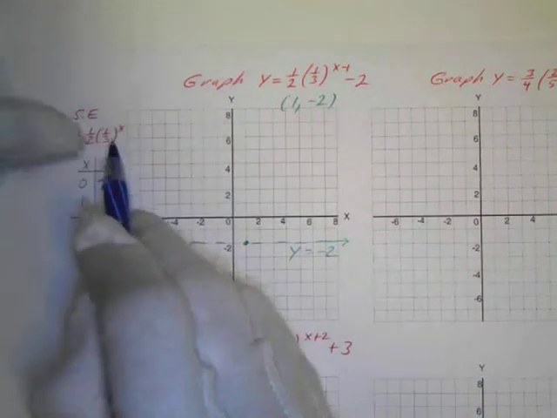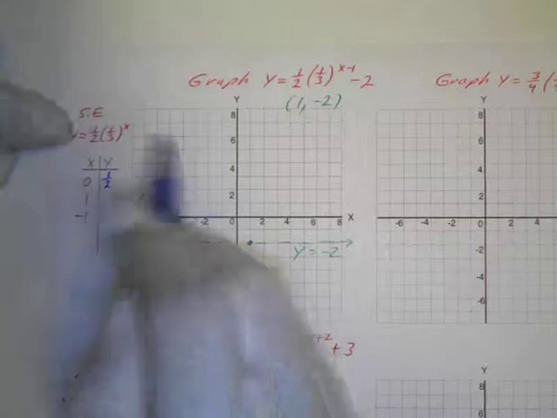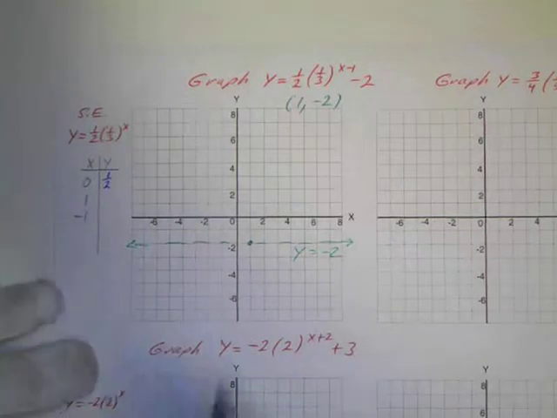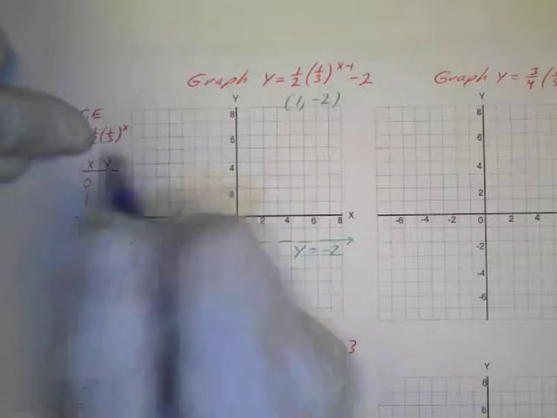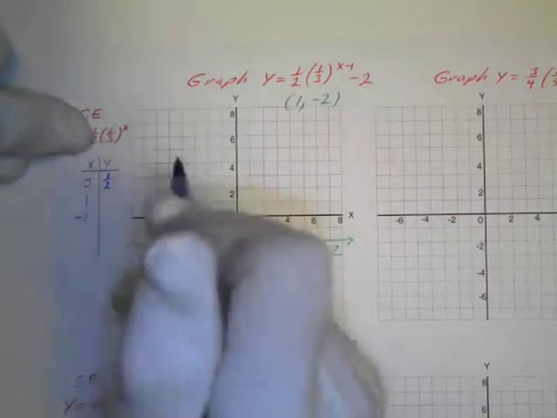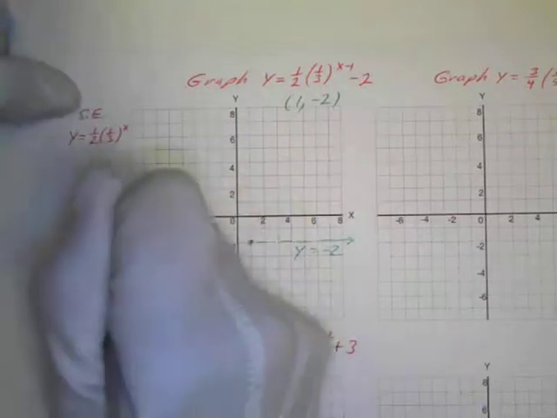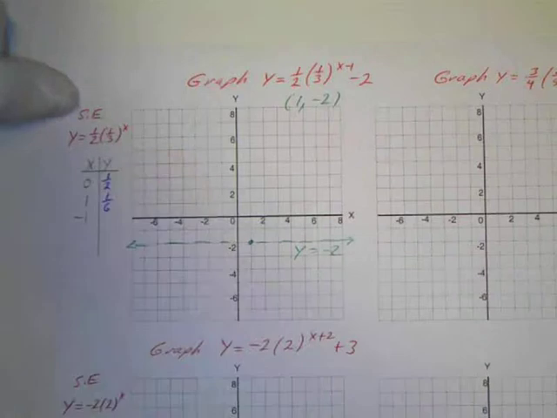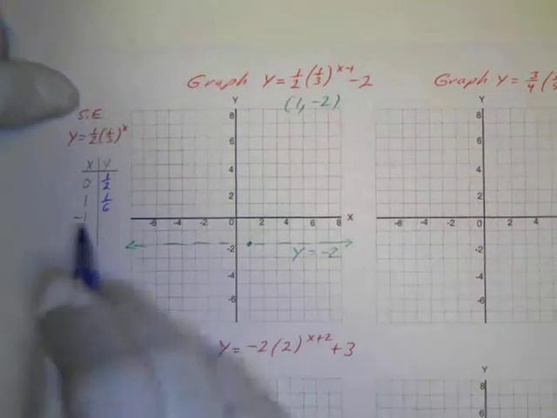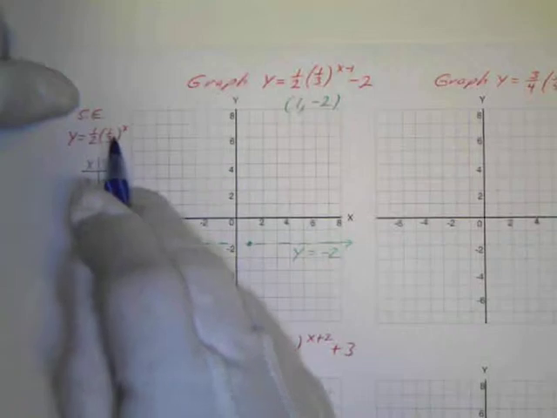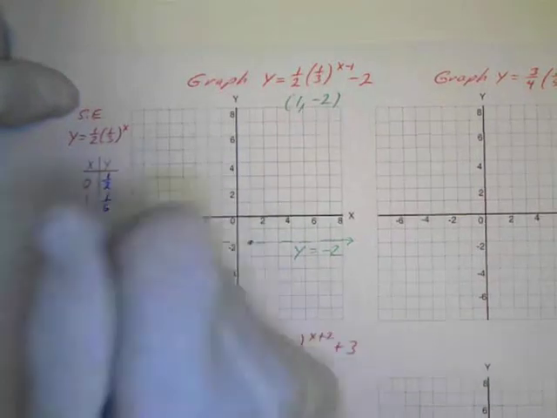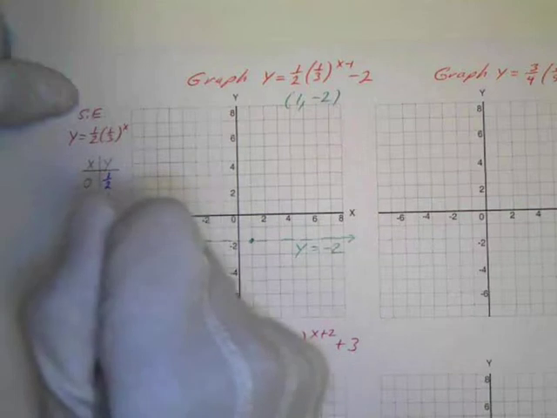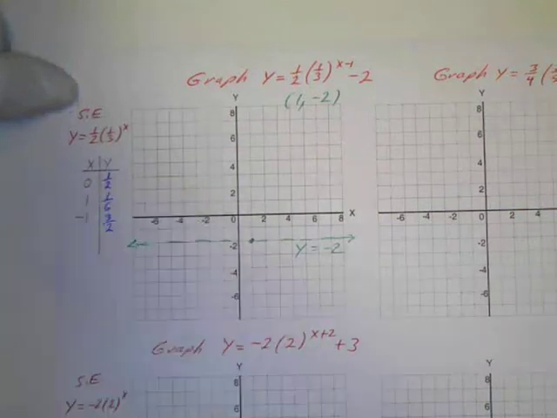When x is 1, 1/3 to the 1 is 1/3, but 1/2 times 1/3 is 1/6. Okay? And 1/3 to the negative 1 is 3/1, and 1/2 of 3/1 is 3/2. Okay?